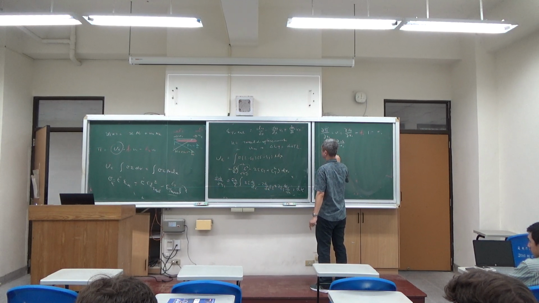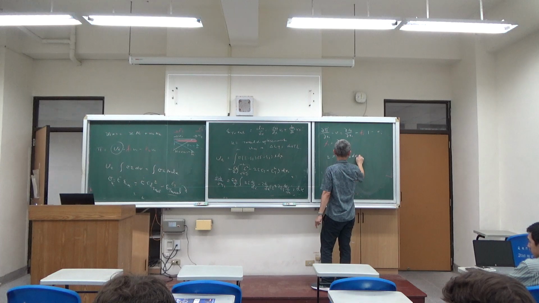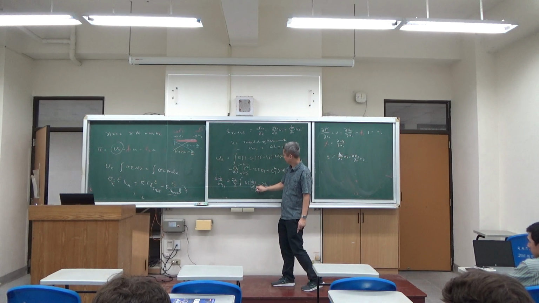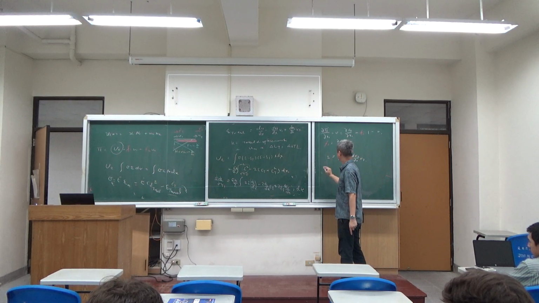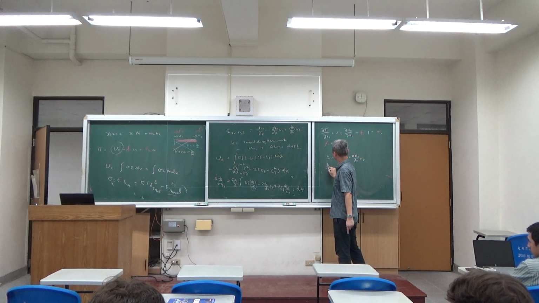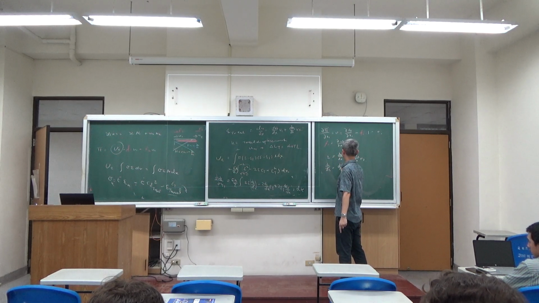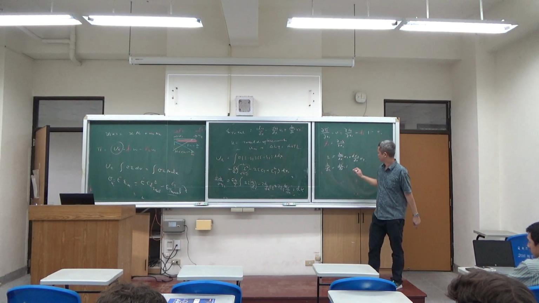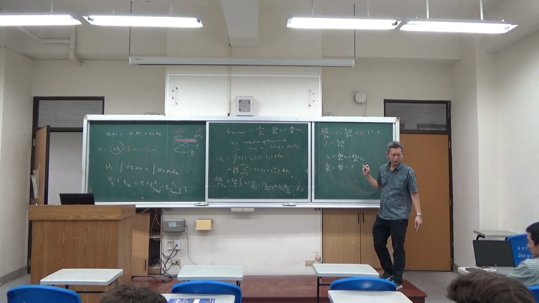Epsilon is dN1 dx u1 plus dN2 dx u2. So what is the derivative of epsilon with respect to u1? It is dN1 dx plus something times 0.